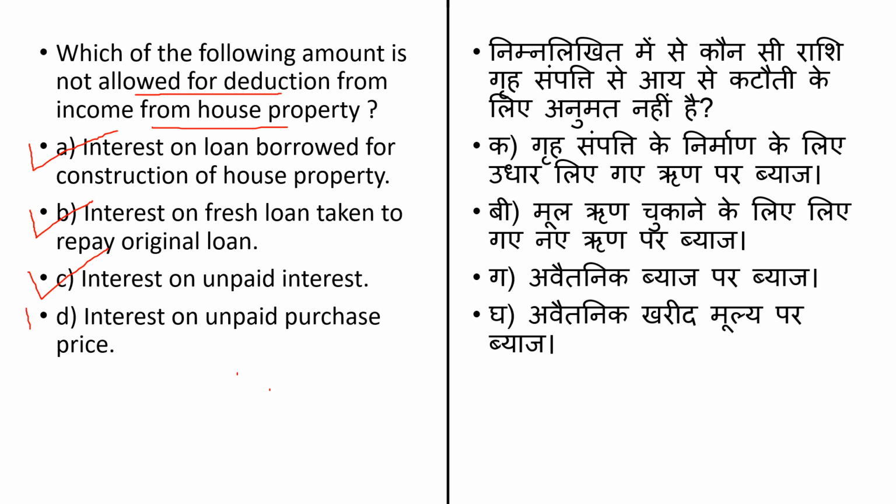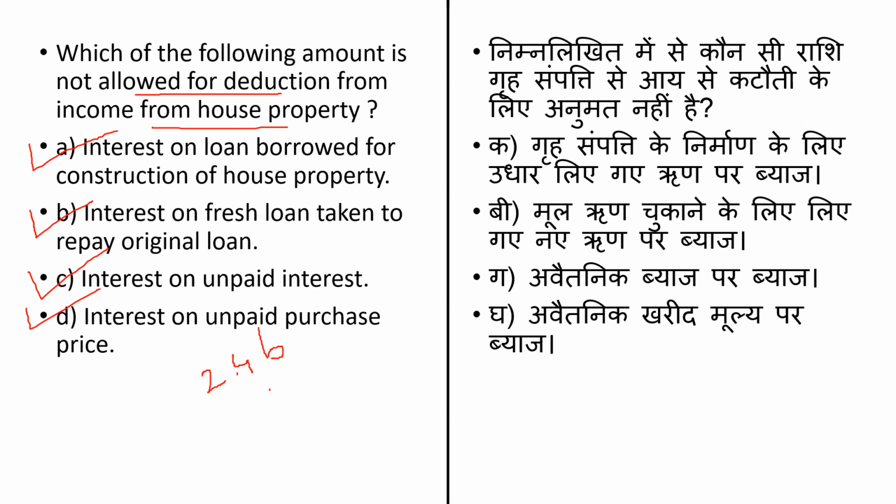Section 24B, please remember the section, that is 24B of the Income Tax Act, allows the deduction of interest on the home loan from the taxable income. Such a deduction is allowed on an accrual basis, not on a paid basis. Interest includes a service fee, brokerage, commission, and prepayment charges.